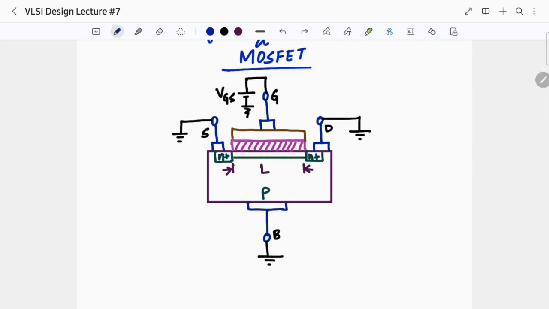Now, how did we get the channel? First we applied a small negative voltage, then we applied a small positive voltage, then we kept increasing the small positive voltage at gate, and that's how we got it.